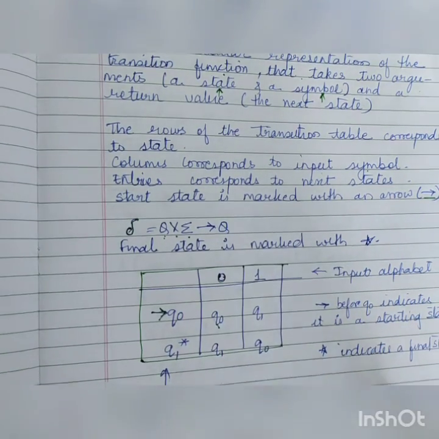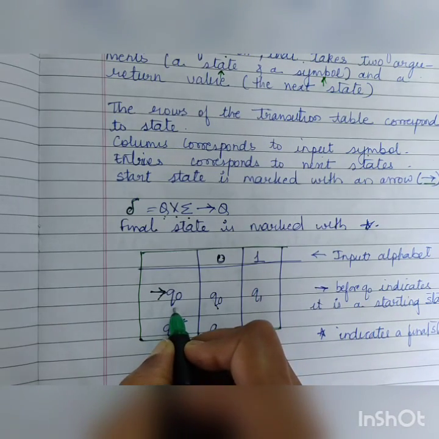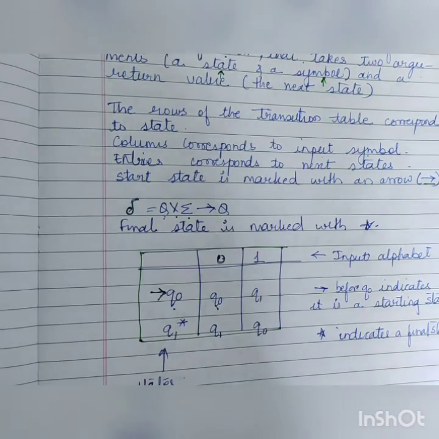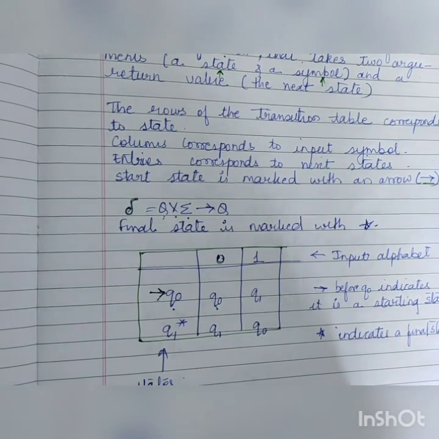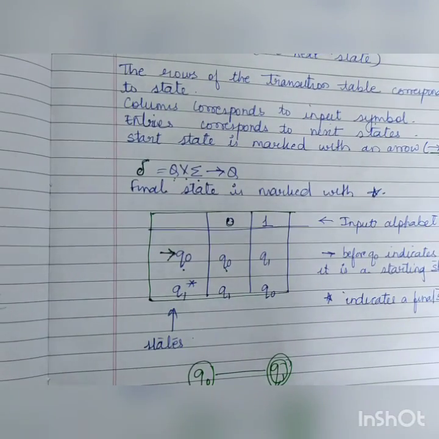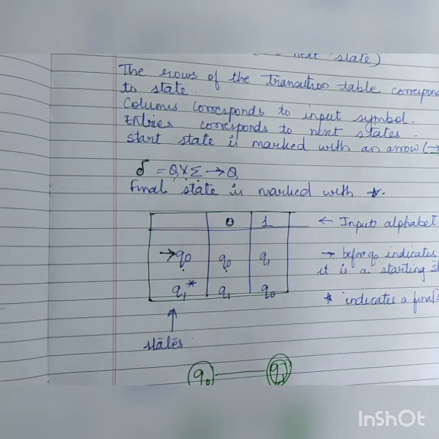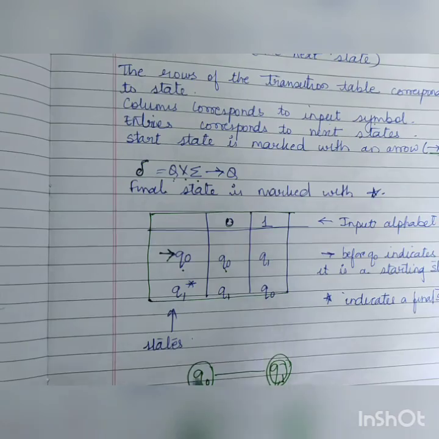As you can see in this transition table, q0 is my start state. We have seen that transition diagram in the previous slide. Here q0 is the final state, indicated by the star, and q0 is the start state, indicated by the arrow.